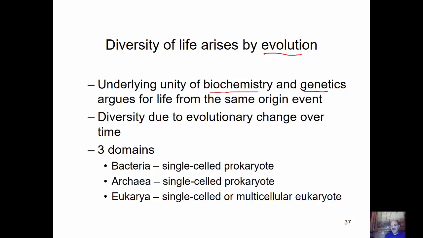They have the same genetic code. They use DNA, and the coding for making those proteins is similar in all life forms. So that is evidence for that relationship. If you go back far enough, you find an ancestor for all of the life forms we see today.